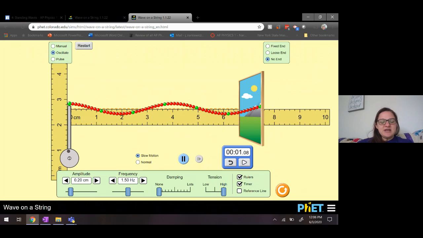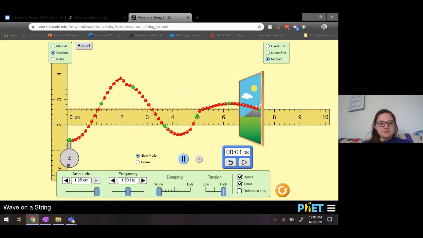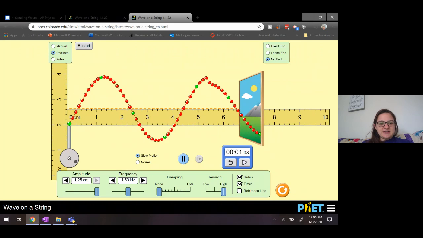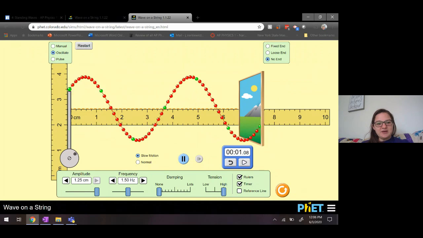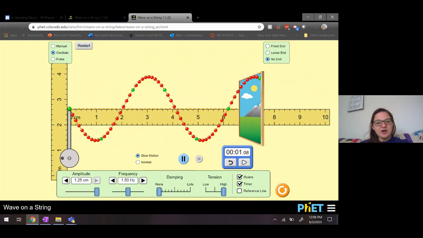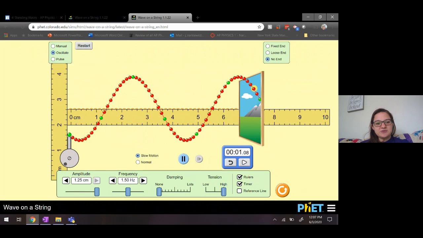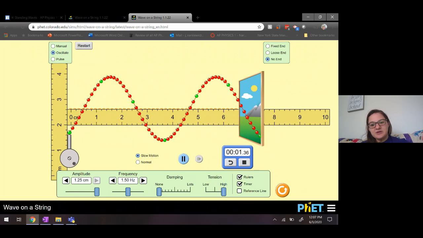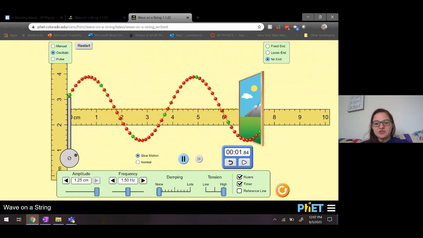Okay, so now let's make the amplitude as big as it'll go, and we'll see if it still takes about a second. Again, I'm going to measure the time it takes a crest to get from this beginning part to the door. I probably should have reset it.